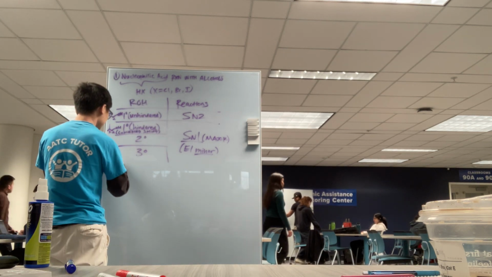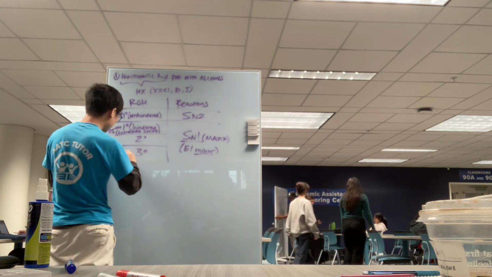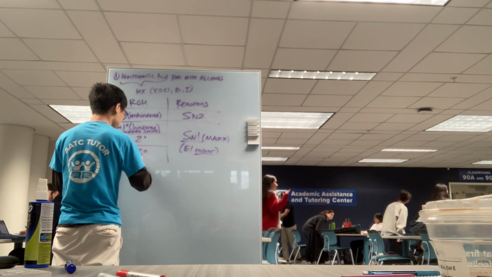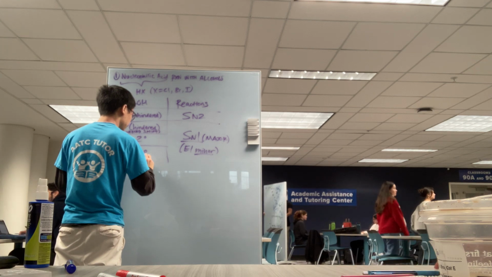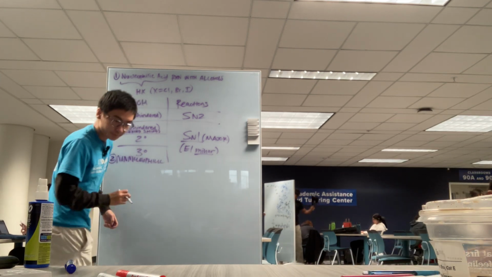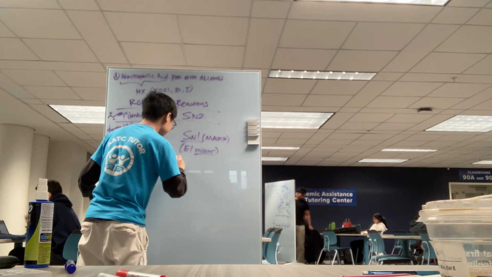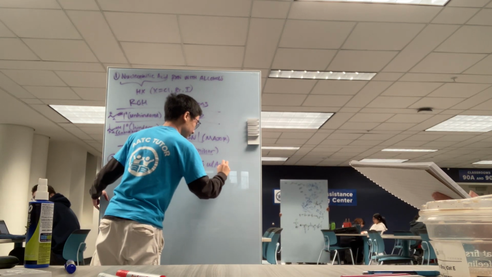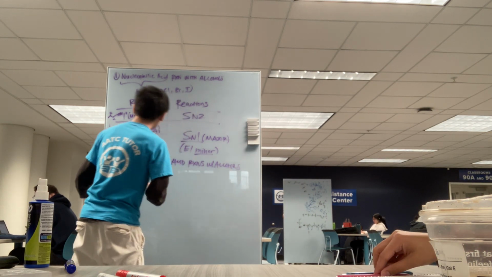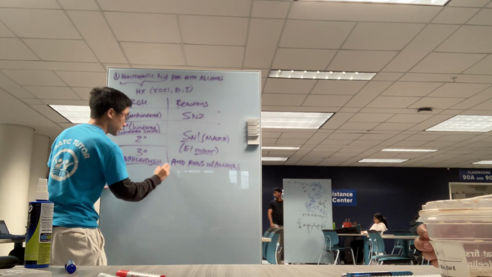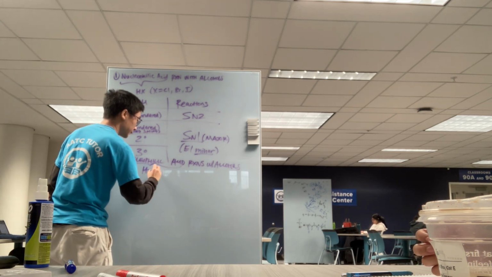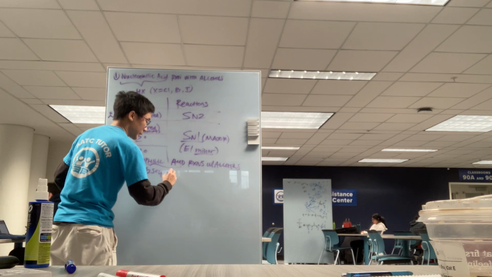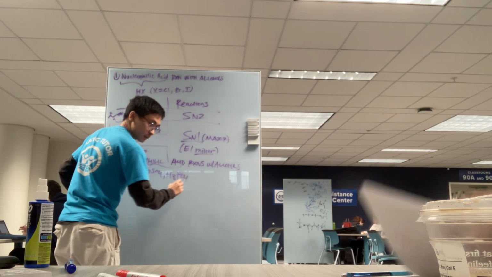So the other table that you guys should know is the non-nucleophilic acid reactions with alcohols, right? And non-nucleophilic acids are going to be sulfuric acid, H2SO4, and H3PO4, right?